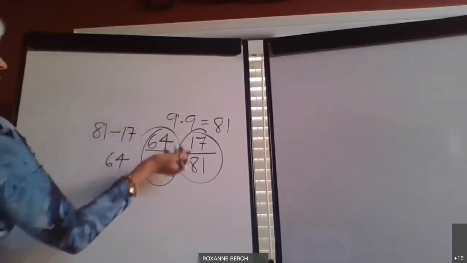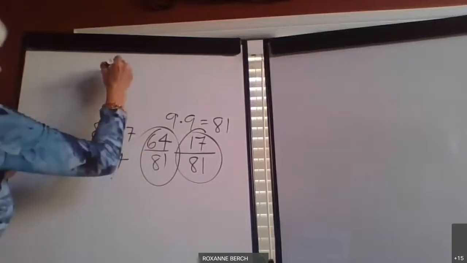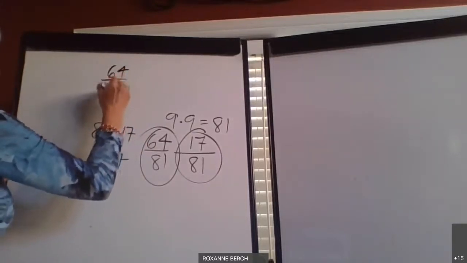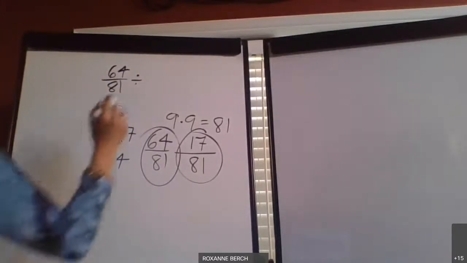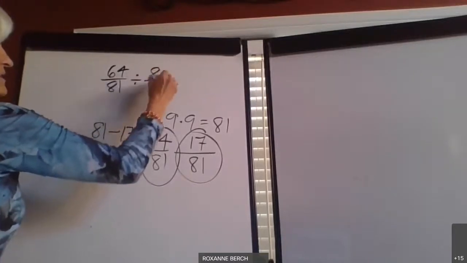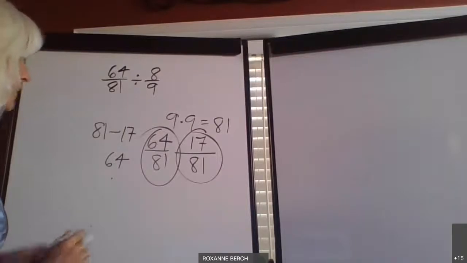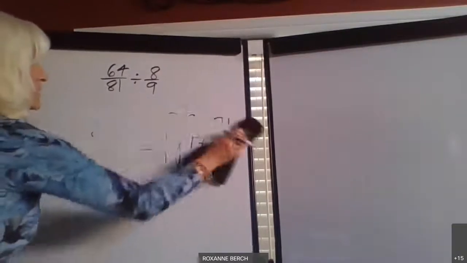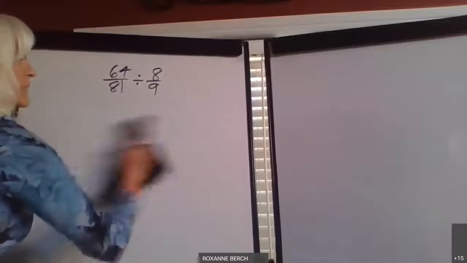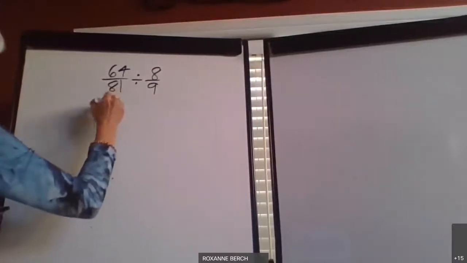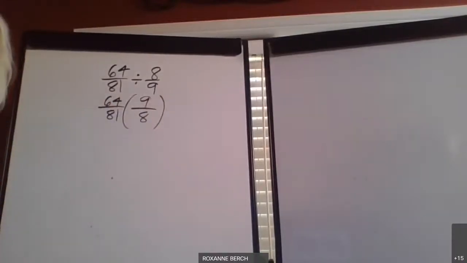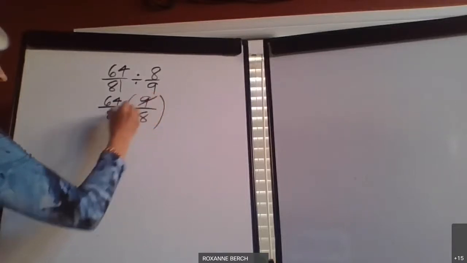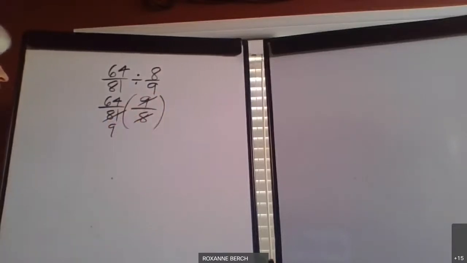So I erased the thing. We're trying to find the common ratio. It'd be 64 over 81 divided by what? What was the one prior to it? 8 9ths? Yes, no? So what would this be? It'd be 64 over 81 times the reciprocal, which would be what? 9 goes into 81 9 times, and 8 goes into 64 how many times?